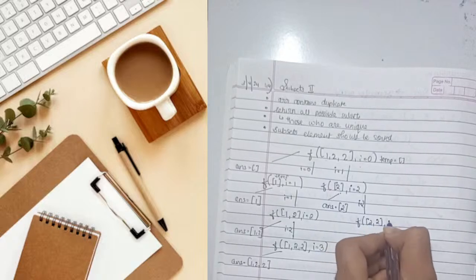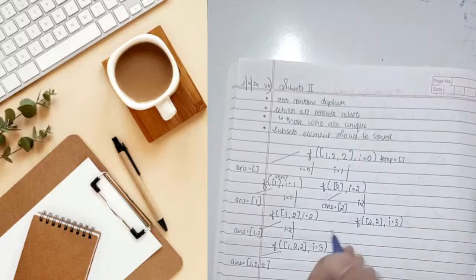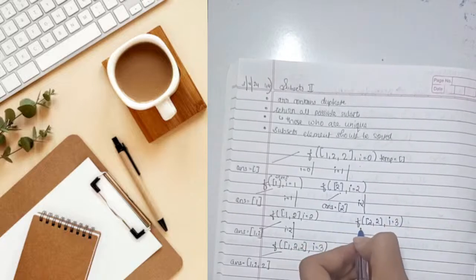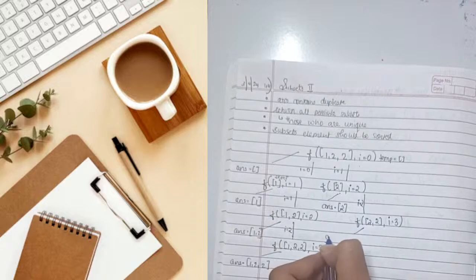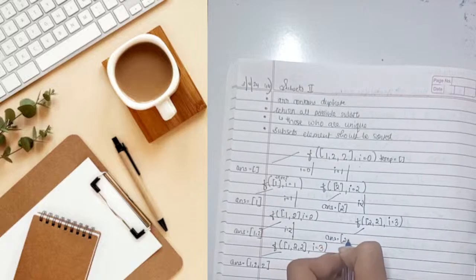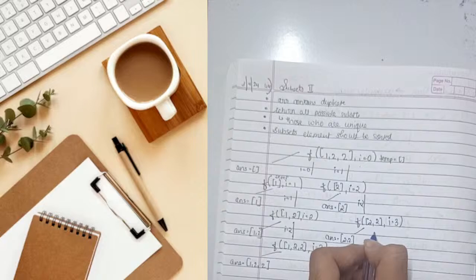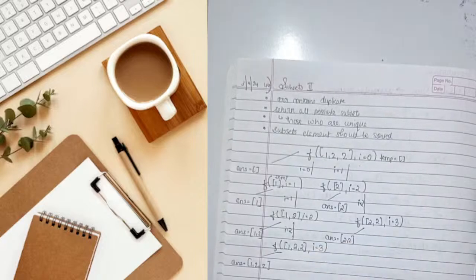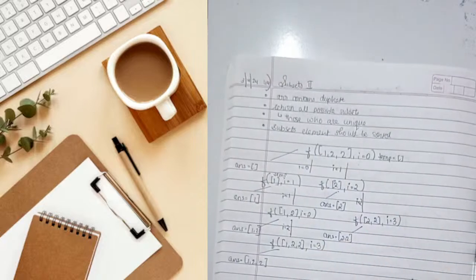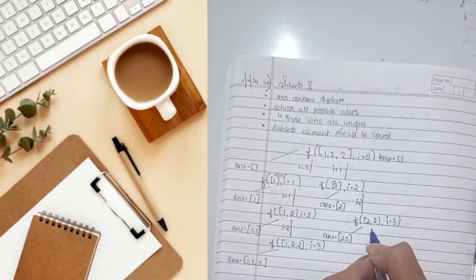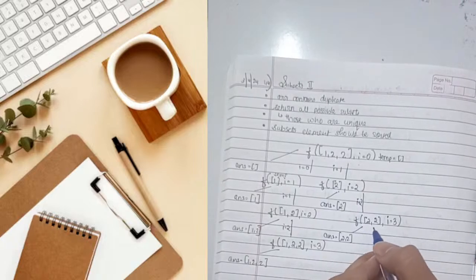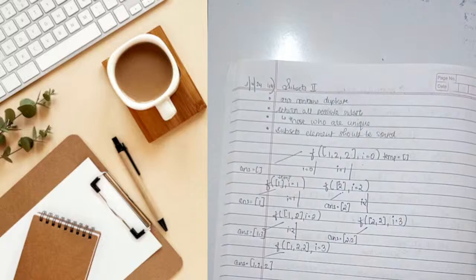So 2, 2 is our new temporary, with i equals 3. This recursive call will store the answer 2, 2. But since i is now again out of bounds, we will stop over here. And what happens is, this is a backtracking solution.